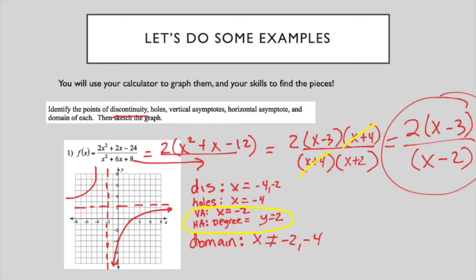Now, there's one thing you got to put in here though. You got to put the hole. What's the hole? It's where x cannot equal -4. And the hole is at -4, correct? You cross -4, not -3.